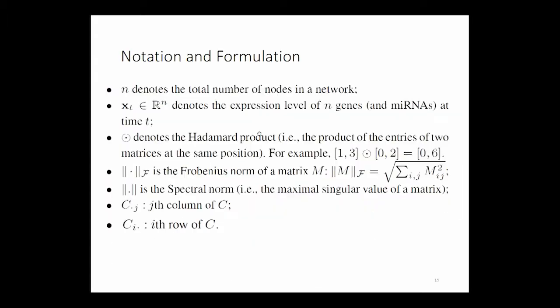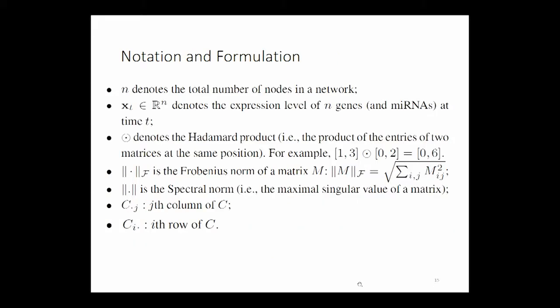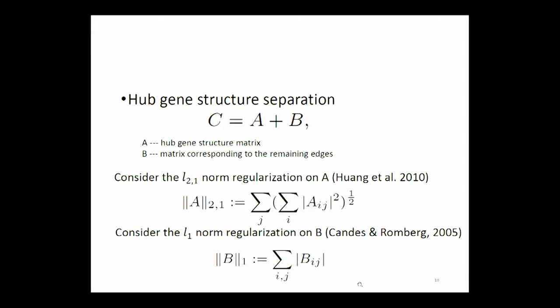Back to this slide, you will see that we have the original coefficient matrix C, and the column structure matrix is denoted by A, and here is the rest. That's a matrix B. So you have C equals A plus B in the formulation.